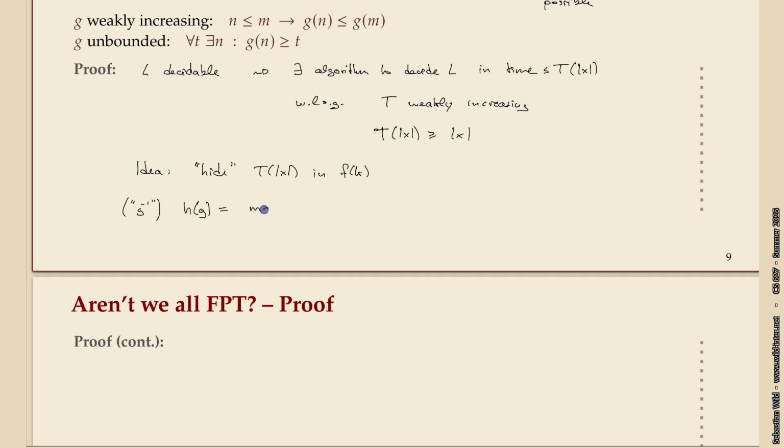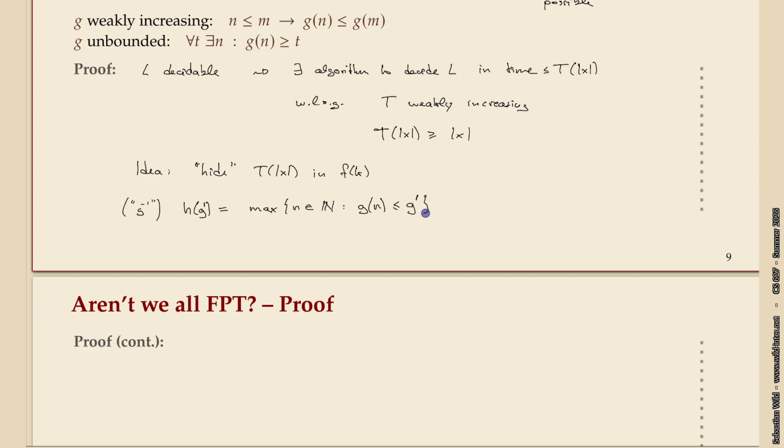And we take the largest input n such that, okay, it's a bit annoying, let me say g prime, because we also need the function g, that the function g of n is at most this g prime.